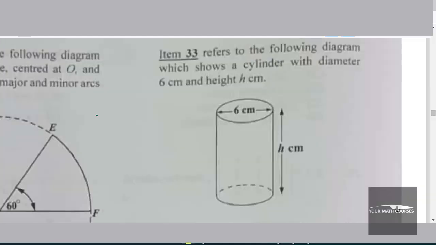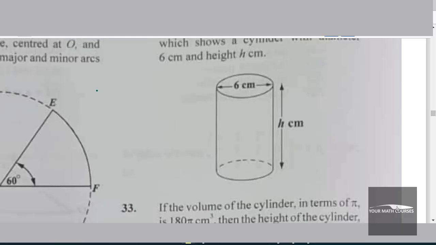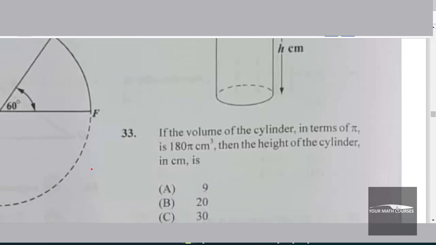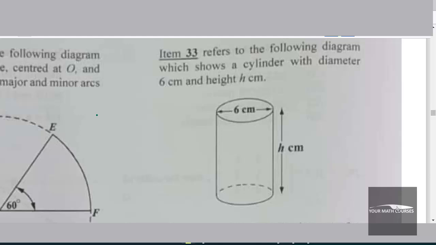Item 33 refers to the following diagram, which shows a cylinder with diameter 6 centimeters and height 8 centimeters. If the volume of the cylinder in terms of pi is 180 centimeter cube, then the height of the cylinder is what in centimeters? So we know the volume of a cylinder is given by base area, which is pi r square, times height.